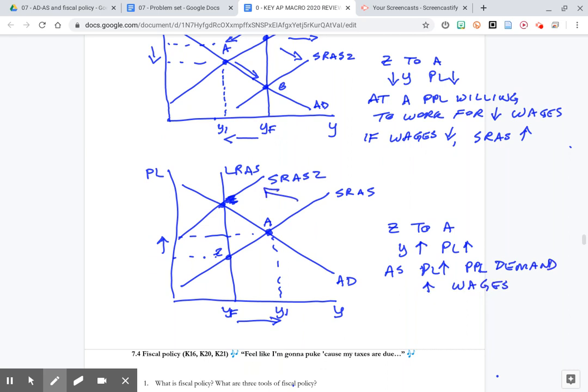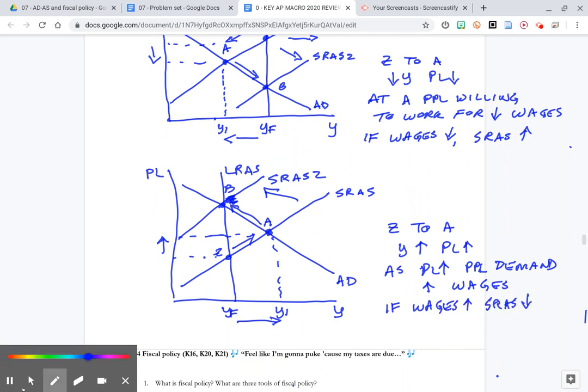We're going to go from A to B. So we're going from Z to A to B. And this is the explanation for why SRAS is shifting to the left: if wages go up, we'd say SRAS decreases. That's the leftward shift because of the changes in inputs.